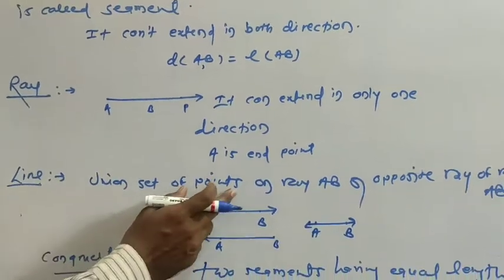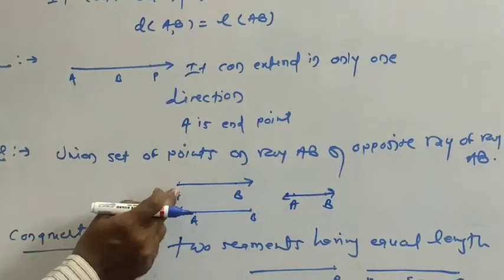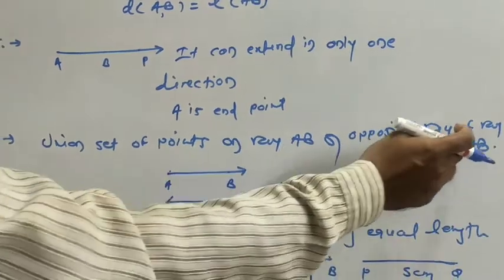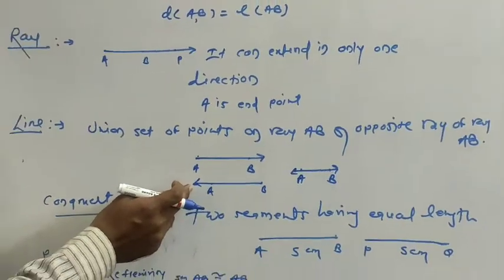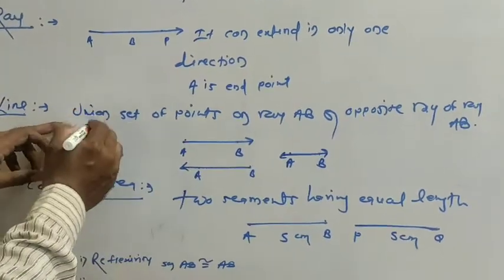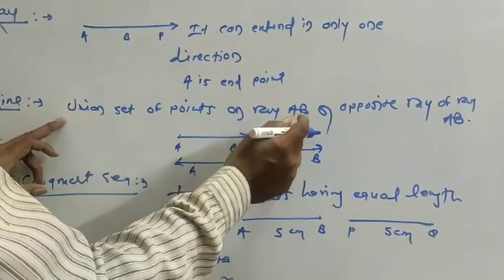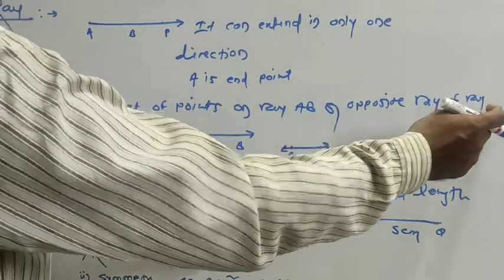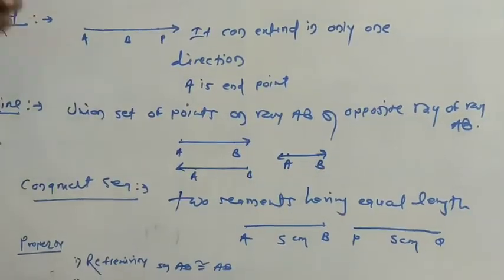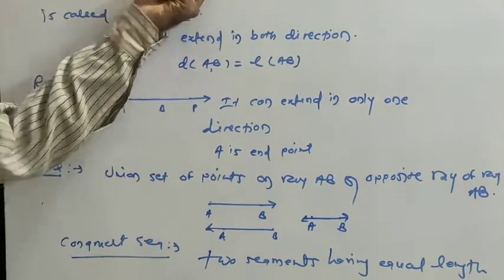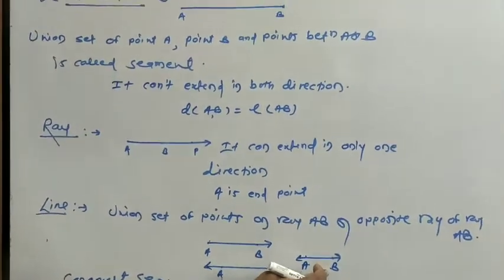The union set of points on ray AB and the opposite ray of ray AB, which is ray BA, is called line AB. Line segment AB is a part of line AB.